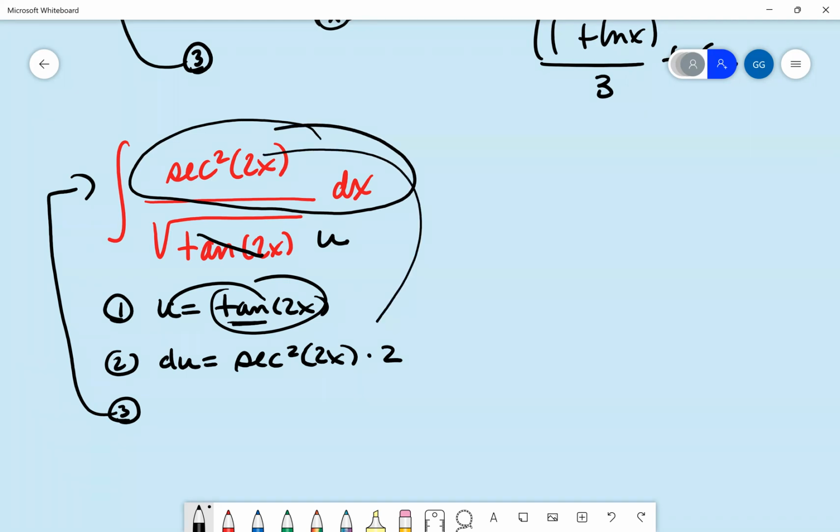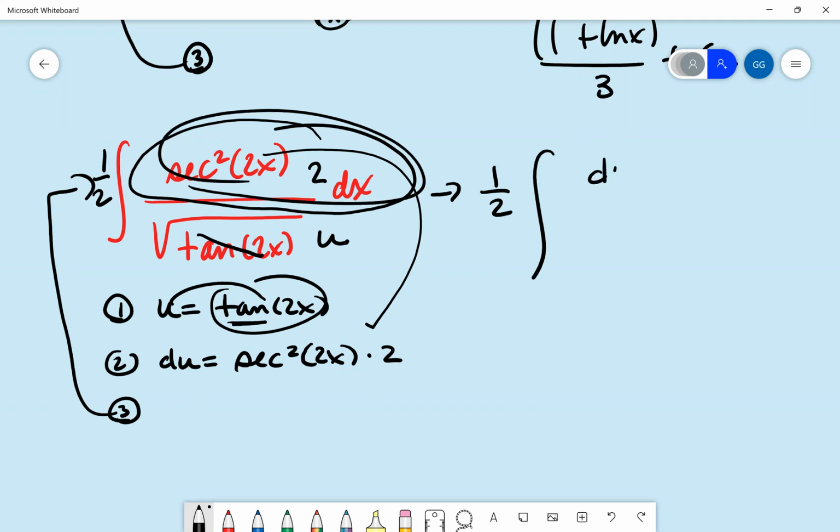Well, it matches this, provided I put a 2 in and take out a 1/2. And this becomes 1/2. And all that on top becomes my du, because du is secant squared 2x times 2 over the square root of u. But again, that's not u to the nth.